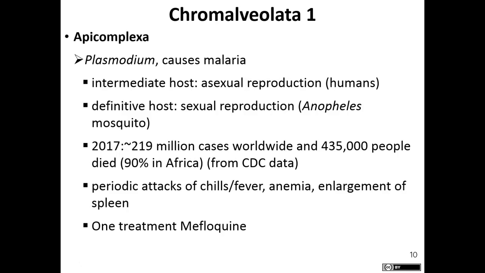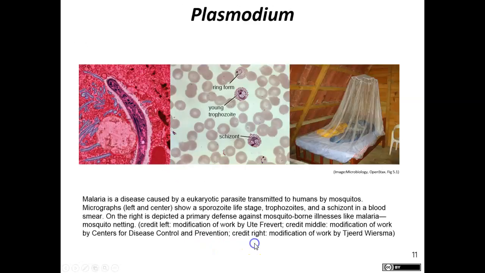So when we take it, we can get sick as well. So this is the protozoan. There are different stages to its life. There's a ring stage, there's a trophozoite stage, and here you can see it starting to go through schizogony.